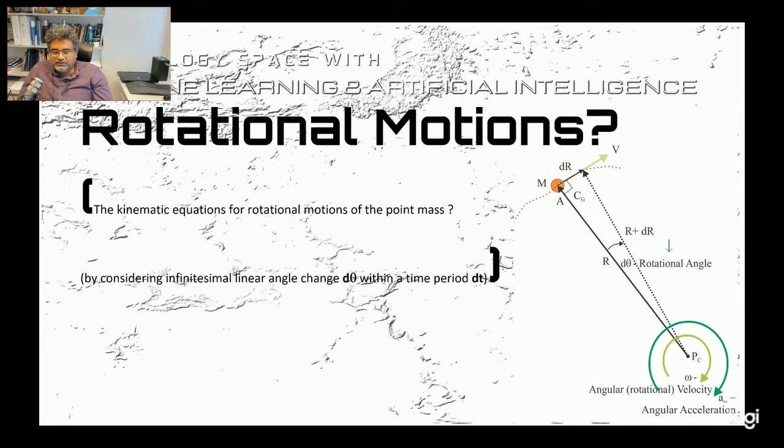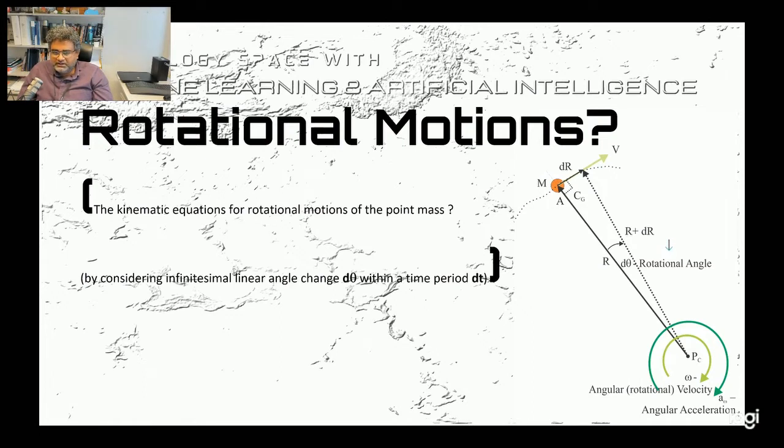So since we have completed the kinematic equations for translational motion of the point mass, let's do the kinematic equations for rotational motion of this same point mass. Here I am also assuming this point mass is rotating around this center of planar motion.